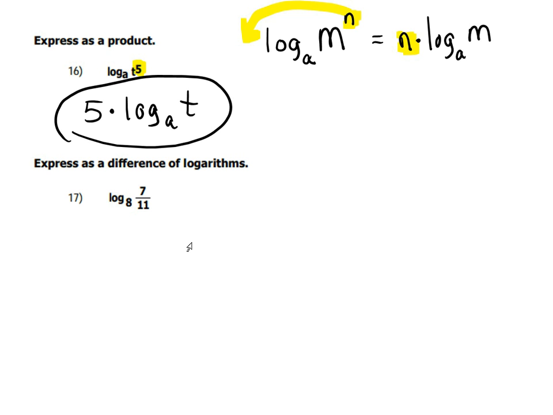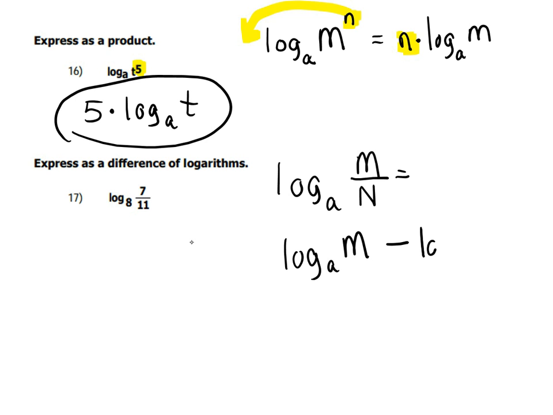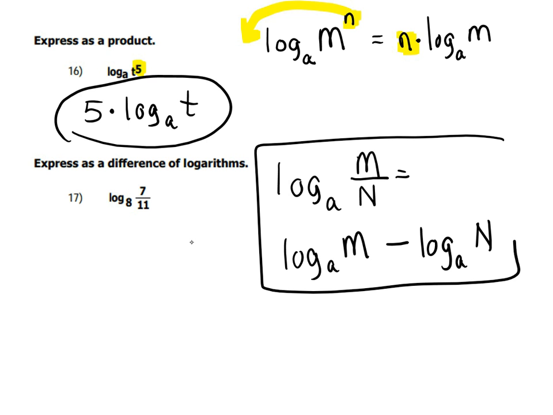And then 17 says express as a difference of logarithms. That rule says if you have log base a of m divided by n, that's going to be the log base a of m minus the log base a of n. This is the logarithm rule.